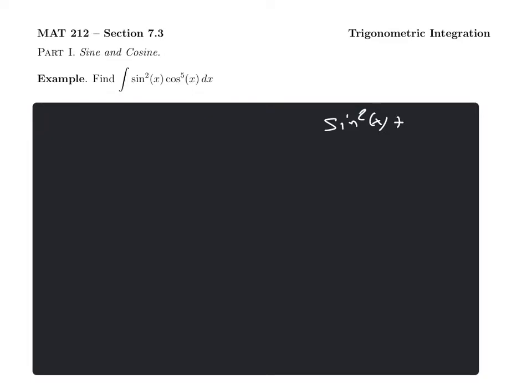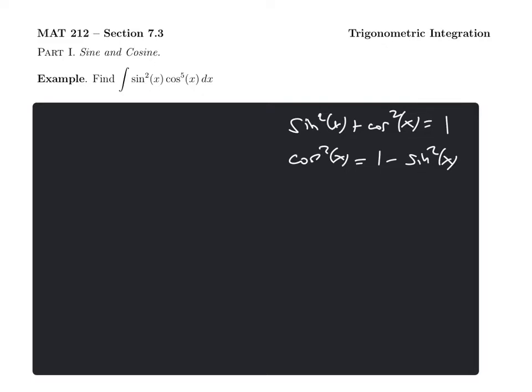So we know sine squared x plus cosine squared x equals 1. What this means is that I can relate sine and cosine through a substitution where I can substitute 1 minus sine squared for cosine squared or vice versa.